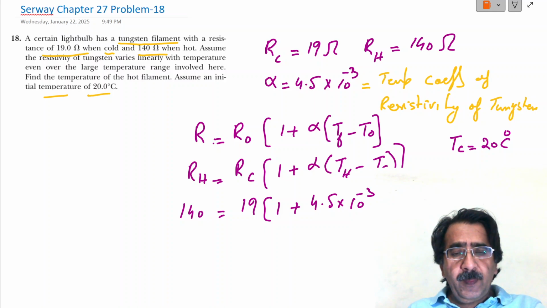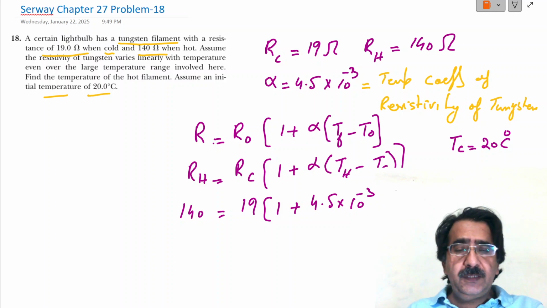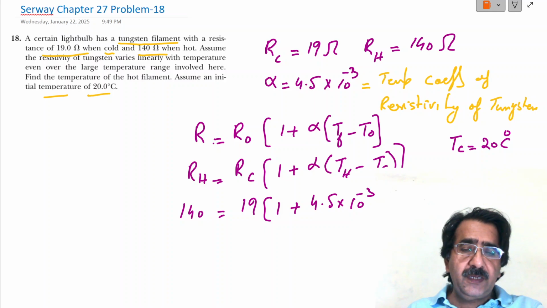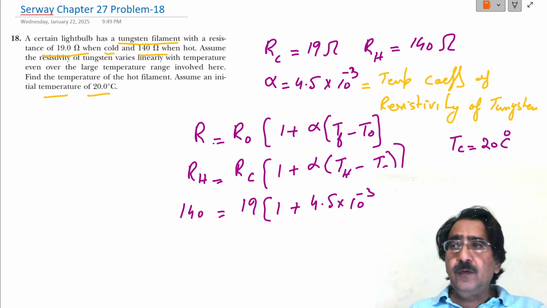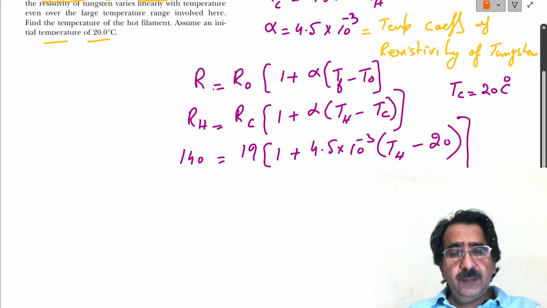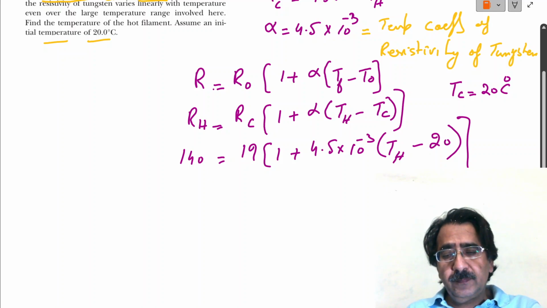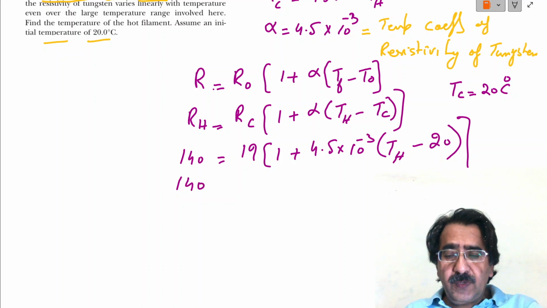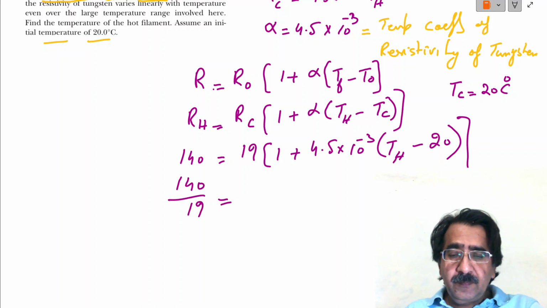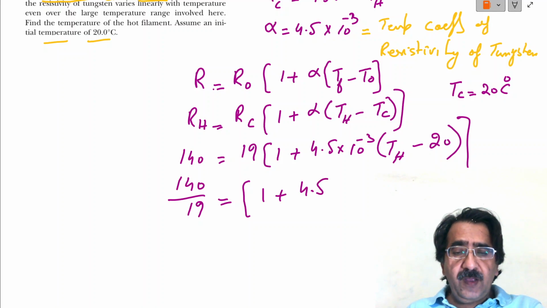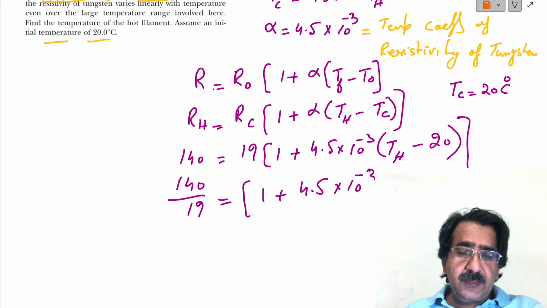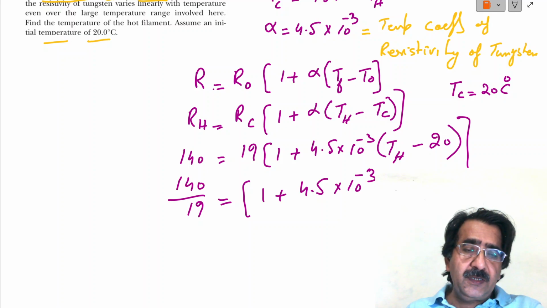We have to find T hot, while the cold temperature is given as 20. So by doing these calculations, we get 140 divided by 19 equals 1 plus 4.5 times 10 raised to power minus 3 times T hot minus 20.